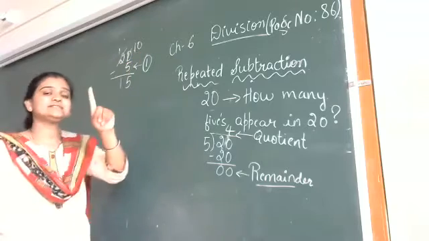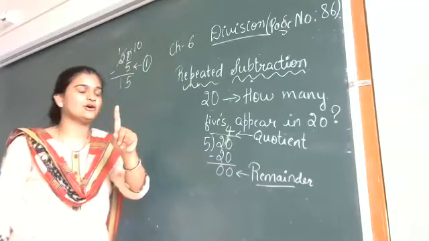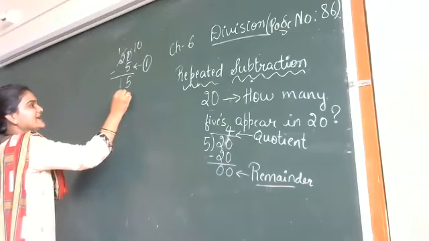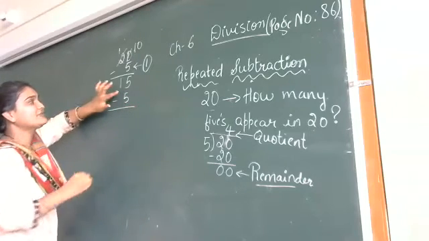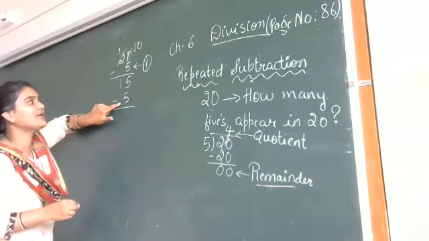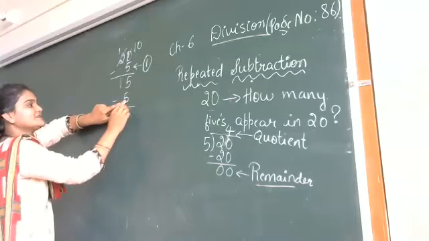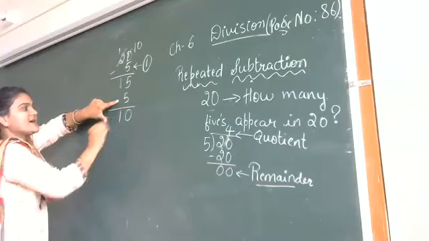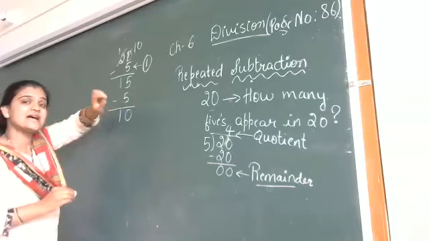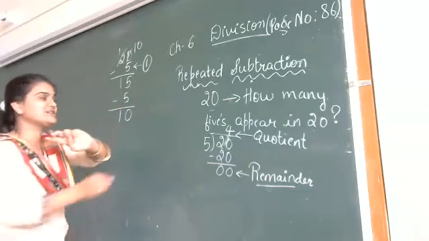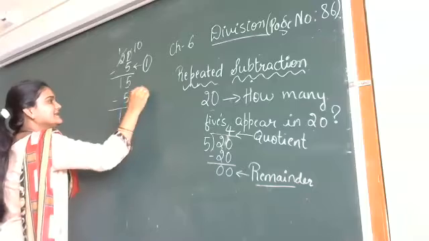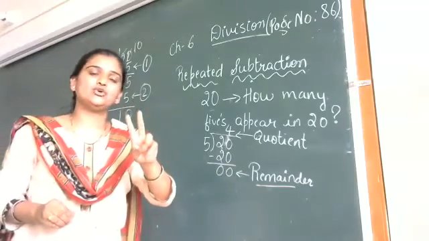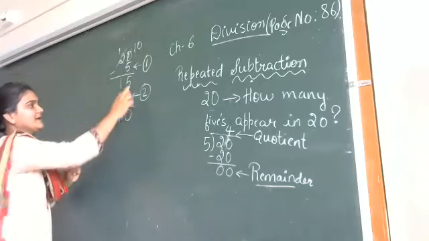This is our first subtraction. Okay, now again, next subtraction. So again you subtract: 15 minus 5. What do you get? 10. This is our second time subtraction. Do you agree with this?